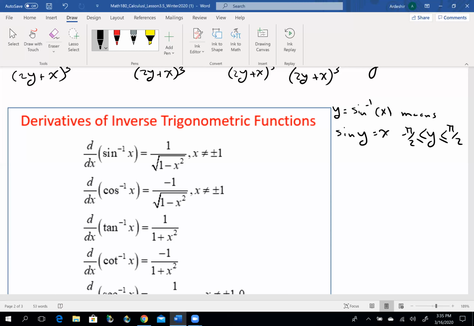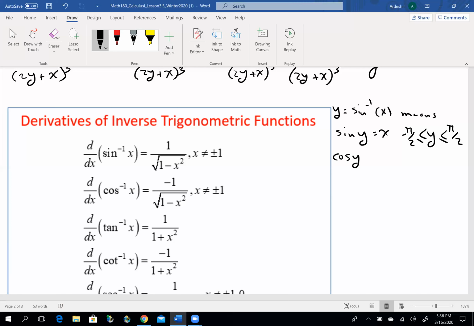Okay, so now we're going to differentiate sine of y equal to x implicitly with respect to x. So again, I'm going to take the derivative of sine of y. The derivative of sine of y is cosine of y, so the derivative of the mother and then the derivative of the baby.